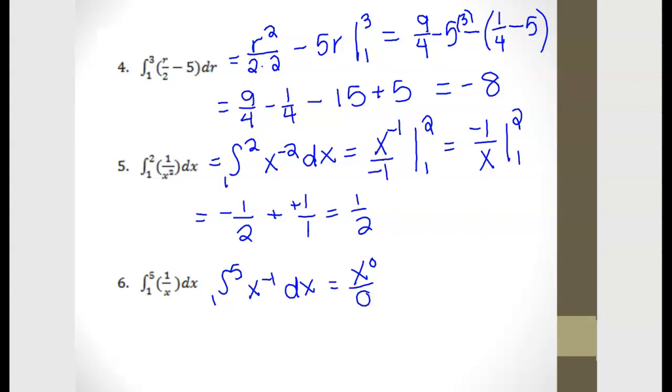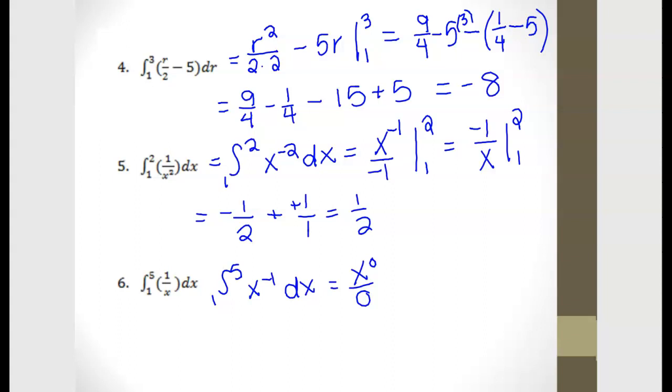So now you have to put those thinking caps back on and say, okay, when did I have a derivative equal to 1 over x? When did I take a derivative and my answer was 1 over x? Natural logs.